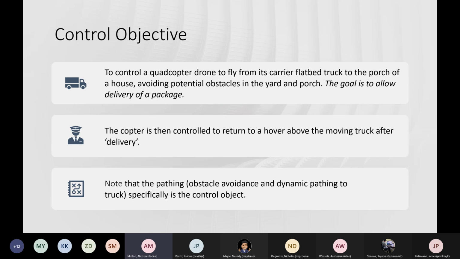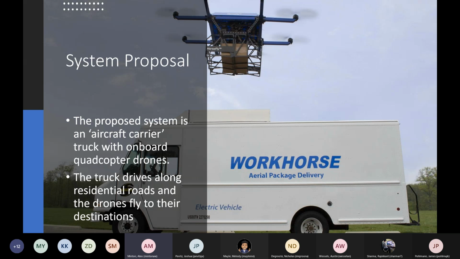That's what we're really concerned about here. So we propose a system that would have an aircraft carrier, such as this big vehicle in the background, with onboard quadcopter drones. The truck would drive through residential roads, and the drones would fly to their destinations.